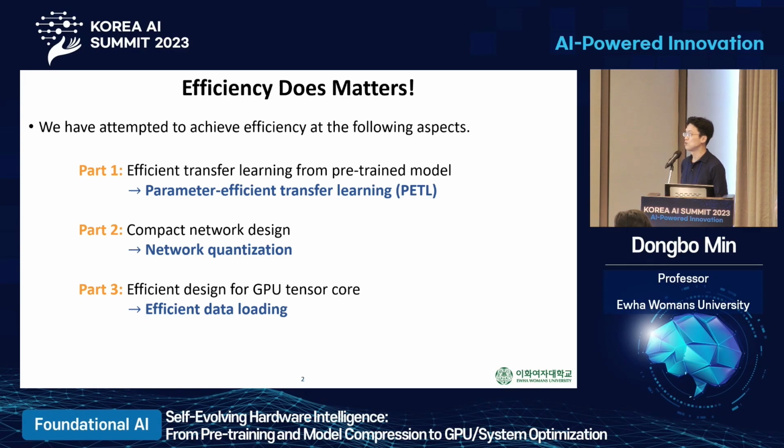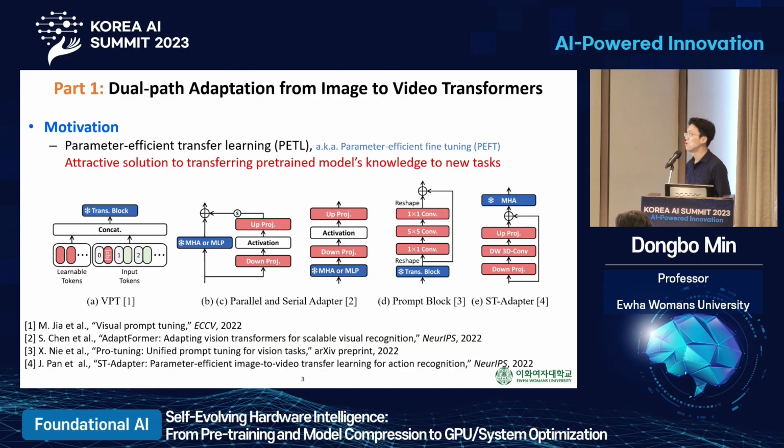In the second part, I'm going to talk about compact network design for network compression using quantization. And in part three, I'm going to talk about efficient design for the GPU tensor core using a very effective data loading technique. Okay, so let me start with part one.